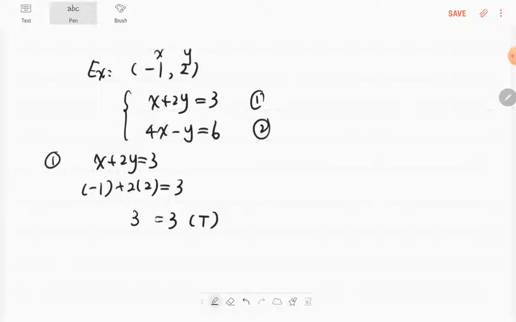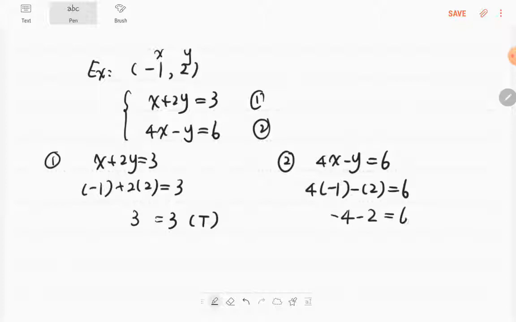It's the solution. But we want to test if it's the solution for the system. So we need to check the second equation. We still use -1 to replace x and 2 to replace y. So let's check the left side. 4 times -1, we will get -4, right? And -2 equals 6.